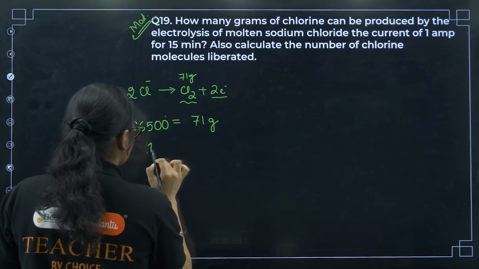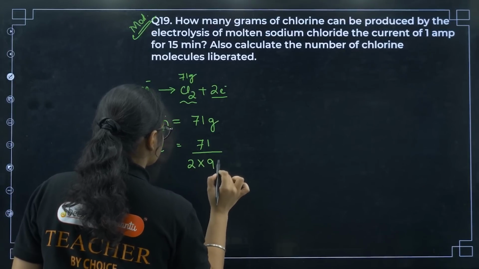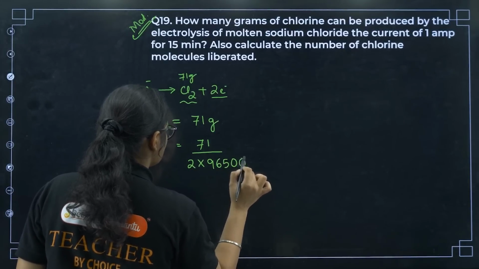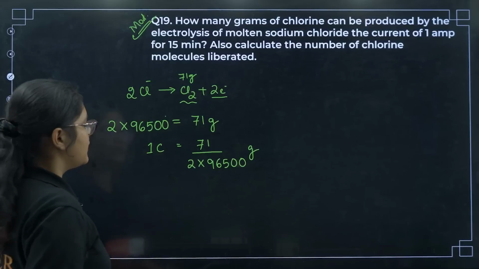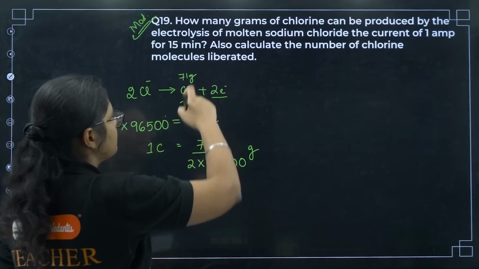Now 1 coulomb will give me 71 divided by 2 into 96500 grams. Now how much charge do I have here? 1 ampere for 15 minutes.